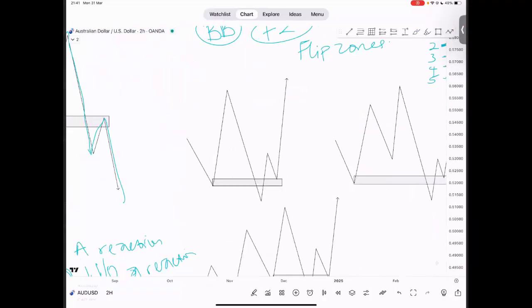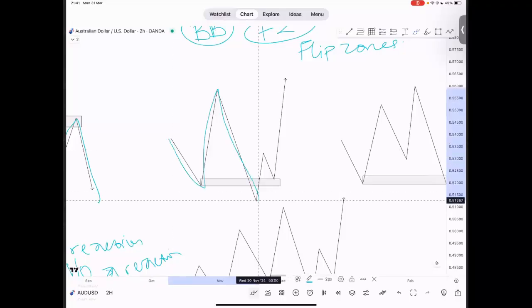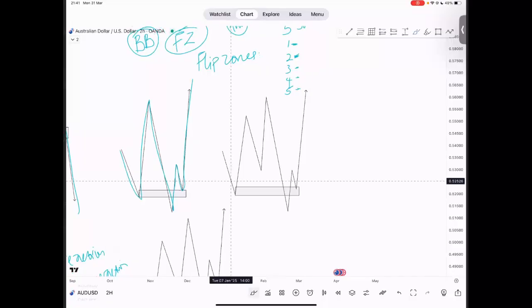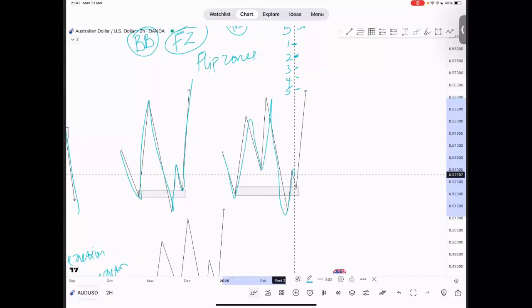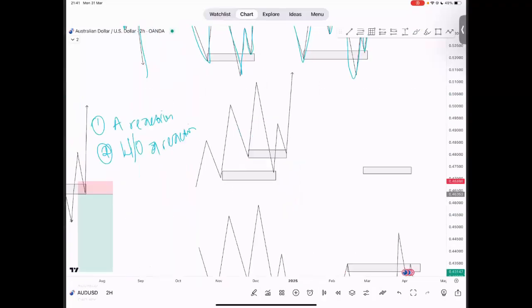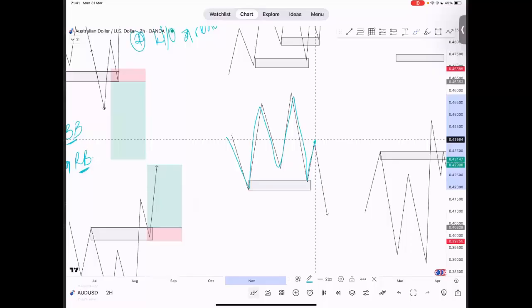And let's look at the third one here. This is what? A reclaimed level. Takes out the order block, fails the breaker block, pulls back and what? Picks the order, right? And you have the same thing at this point, creating what? A reclaimed block. The same thing here as well. This is a flip zone. I told you when price creates an order block and reacts to the order block before failing it, it creates what?